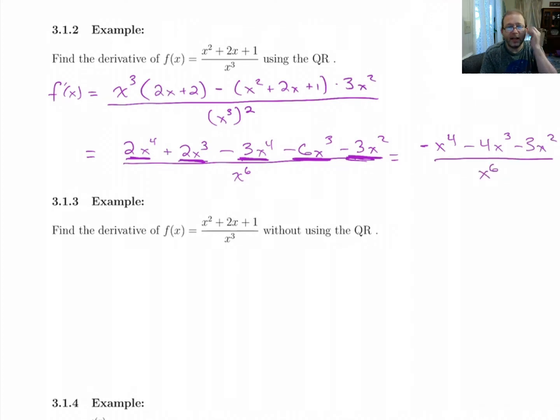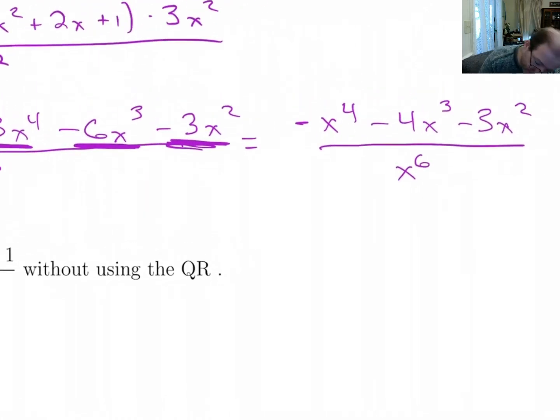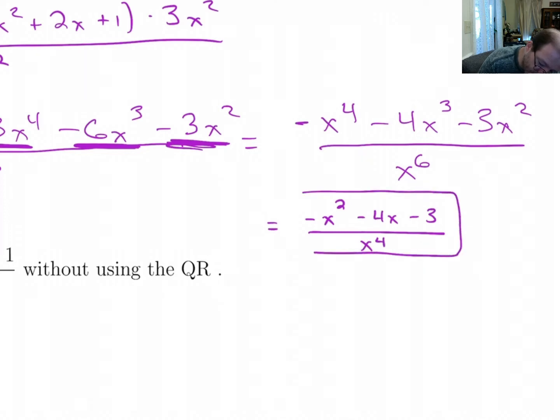Now I could leave it like that, or I could rewrite it. What I could do is cancel off x squared, because everything in here has at least x to the second power. So if I cancel that off, I get minus x squared minus 4x to the first power minus 3 over x to the fourth. So that's one way I could write my answer.